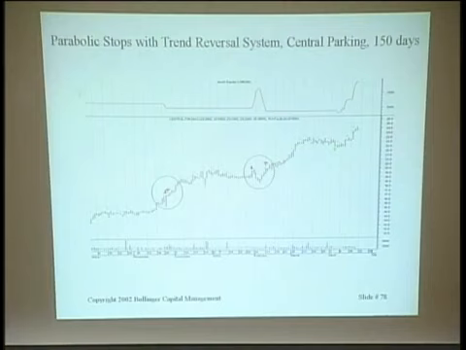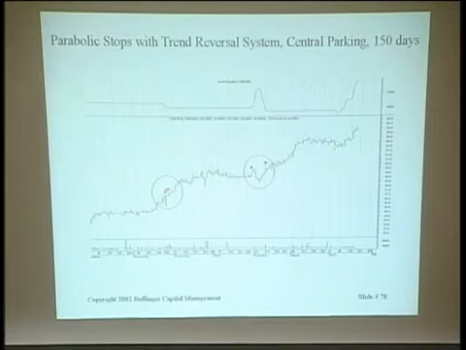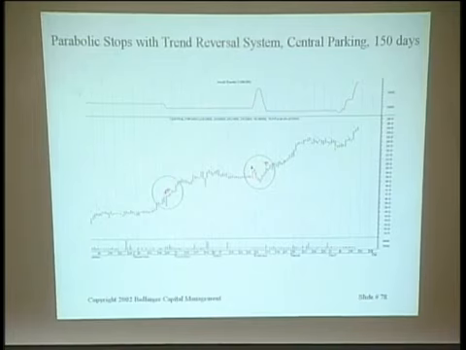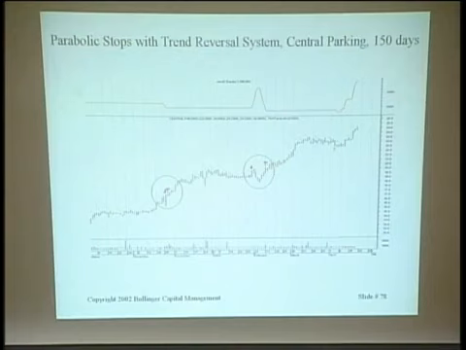Here you get a different situation, though. Here's a short entry. Again, the reversal system is trying to find a short entry in an uptrend, right? Now, check this out. We enter here, and with the parabolic, we actually get away with our skin.